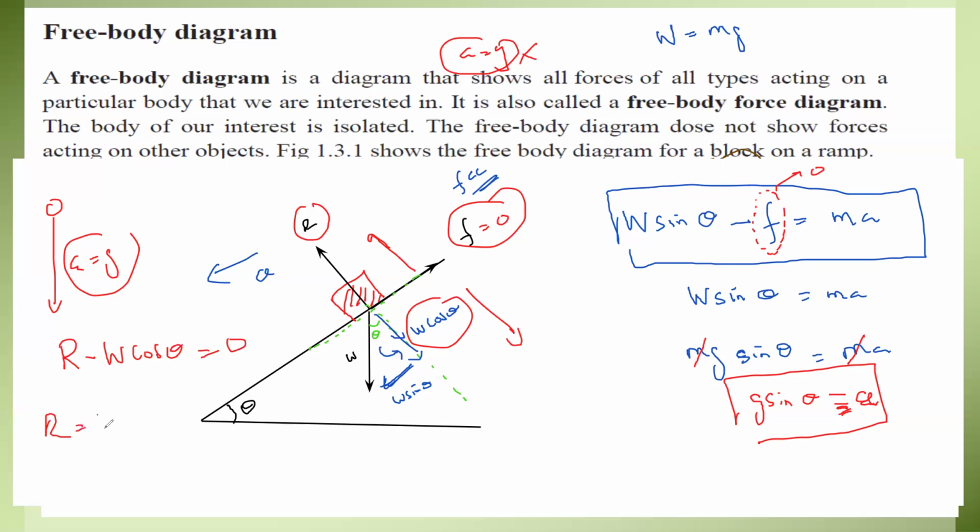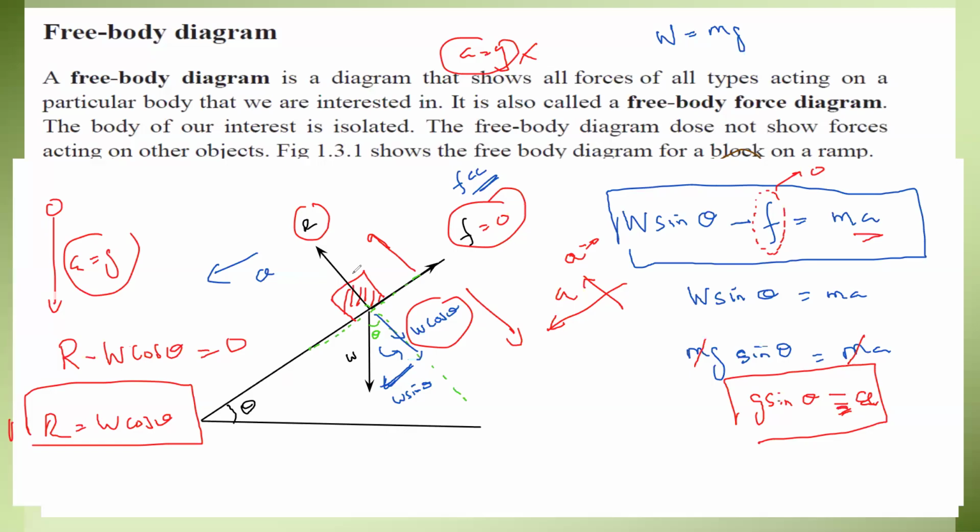Or we can also say R equals W cosine theta. That remains the same, but along the inclined surface, because it was accelerating, we wrote W sine theta minus F equals MA. So in this plane it was accelerating, but in the vertical plane the acceleration was 0.